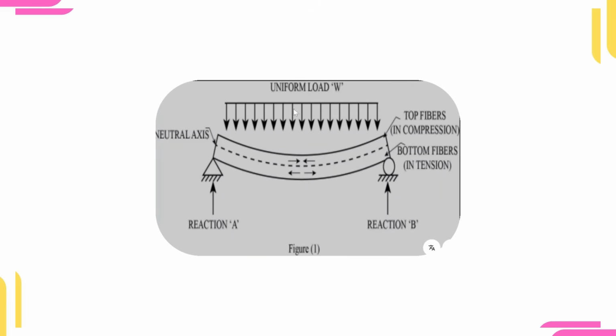Once it is subjected to tension, it will stretch apart, which will result in failure. So for that reason, in every beam we always reinforce the tension zone, because concrete is very weak in tension, and once a beam is subjected to any load, this tension zone is prone to failure. That is why in all our beams we always reinforce our tension zone.